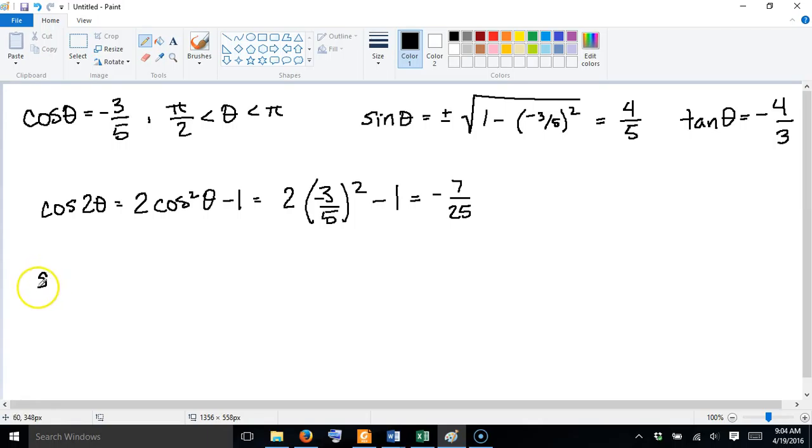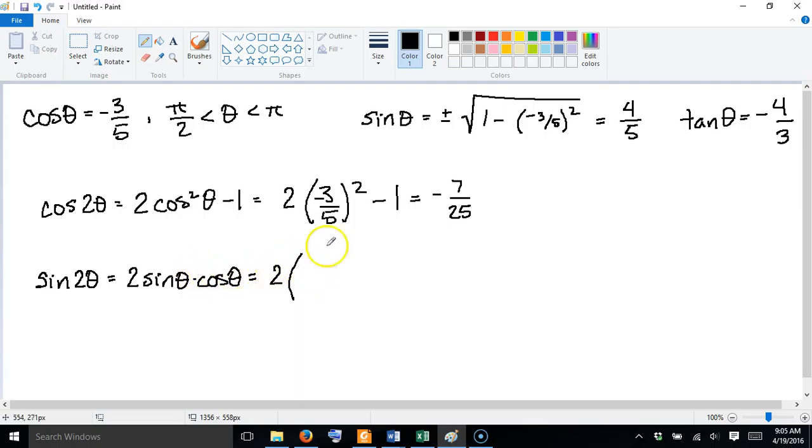Now let's do that again, but we're going to find sine of 2 theta. Using its identity, that is 2 sine theta cosine theta. This is one of the reasons why we needed to find our sine value: this identity uses our sine value to find the exact value of sine 2 theta. Now we just plug those in.